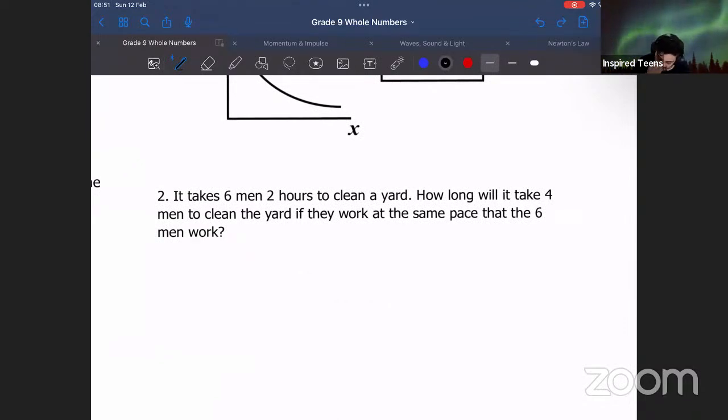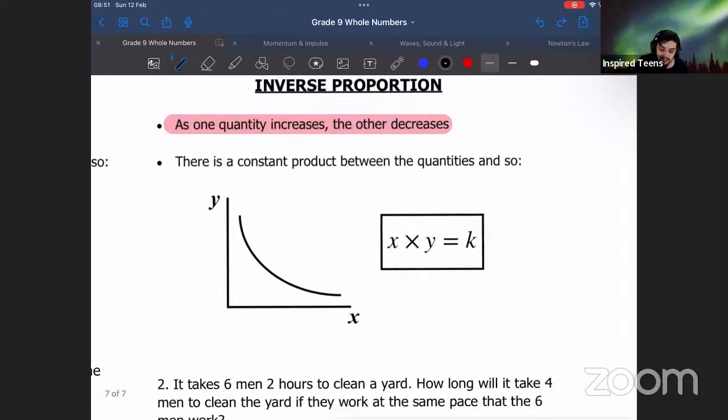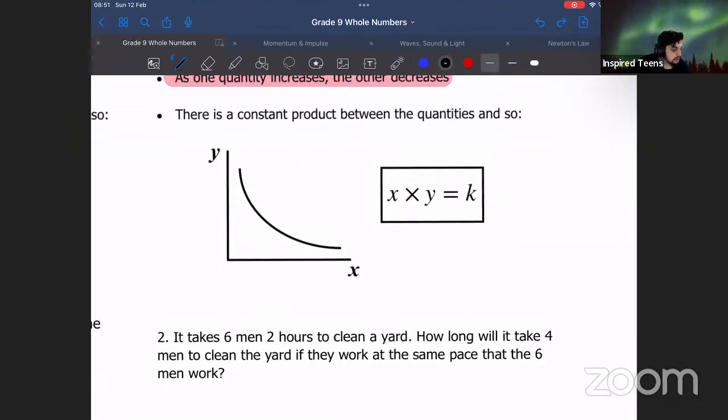So it takes 6 men 2 hours to clean a yard. How long will it take 4 men to clean the yard if they work at the same pace that the 6 men work? Okay, so this is indicating inverse proportion because again, more men, less hours, less men, more hours.